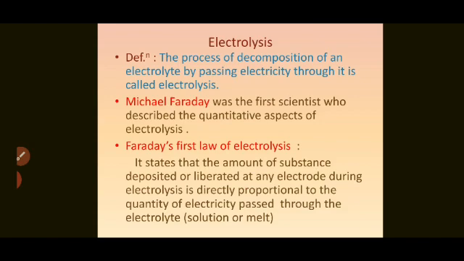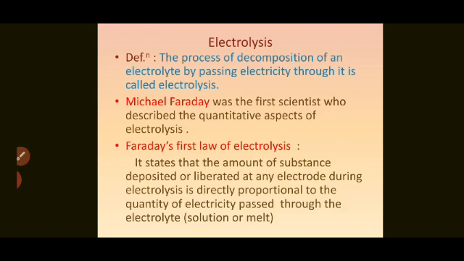Now, what is meant by quantitative aspects? He has shown how much amount of substance is liberated at any electrode when the quantity of electricity which we are passing through it is known. So this is given by the laws.